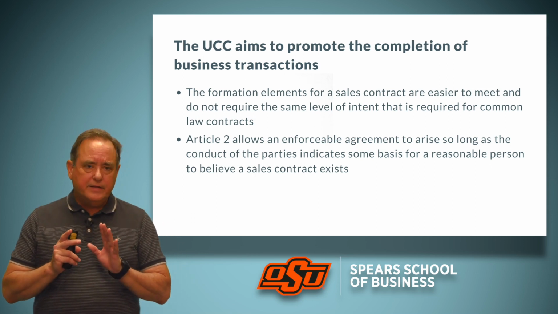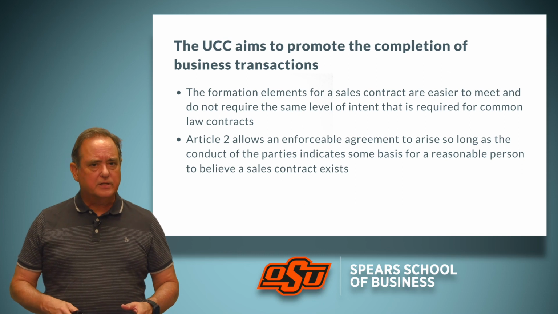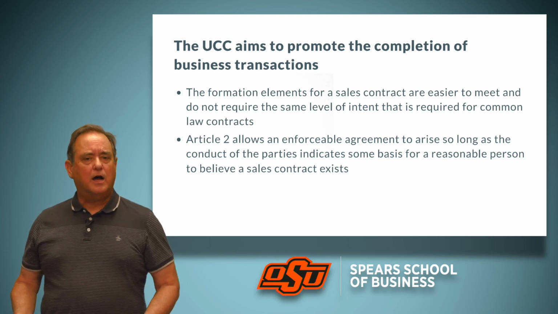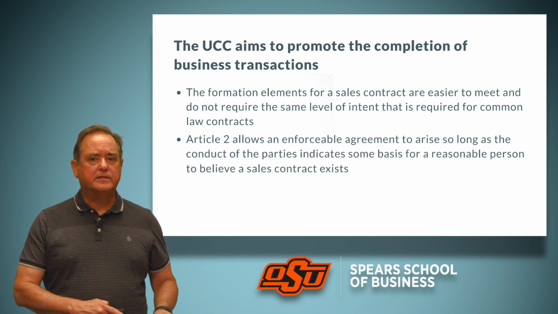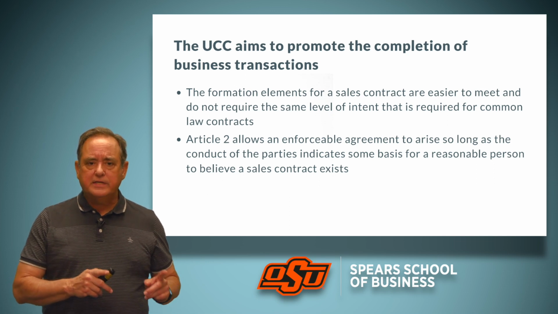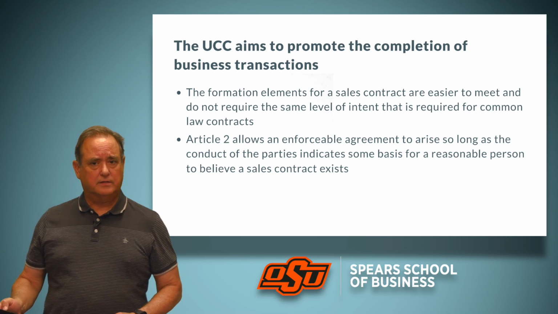So what the UCC says, in essence, is that if two parties engage in conduct that looks like a contract, but yet there is some technical reason why a contract would not exist, the UCC is going to take the position that they are in a contract.